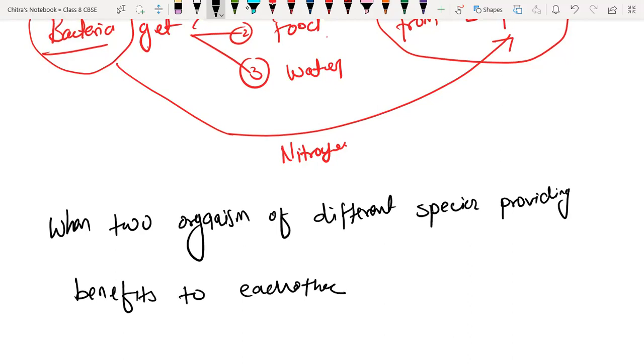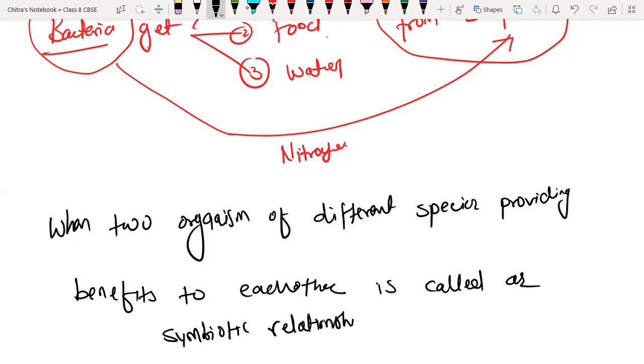Okay, when two organisms of different species provide benefit to each other, it is called a symbiotic relationship. Okay, everyone.